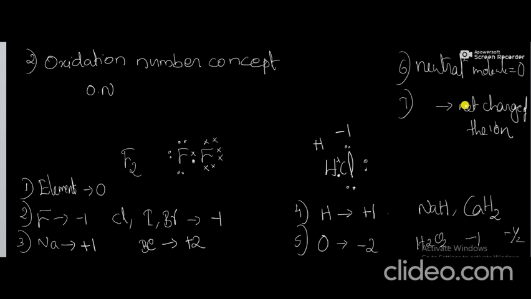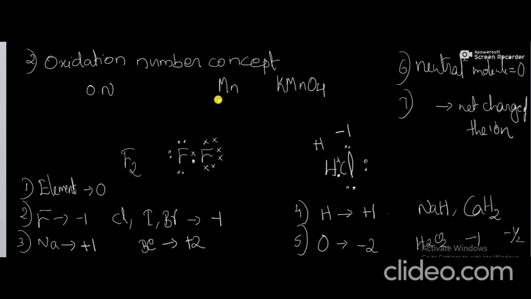For example, calculate the oxidation number of manganese in KMnO4, potassium permanganate. This is a neutral molecule, so apply the sixth rule: the algebraic sum of oxidation numbers of all the atoms is equal to 0. How can you find the oxidation number of manganese?